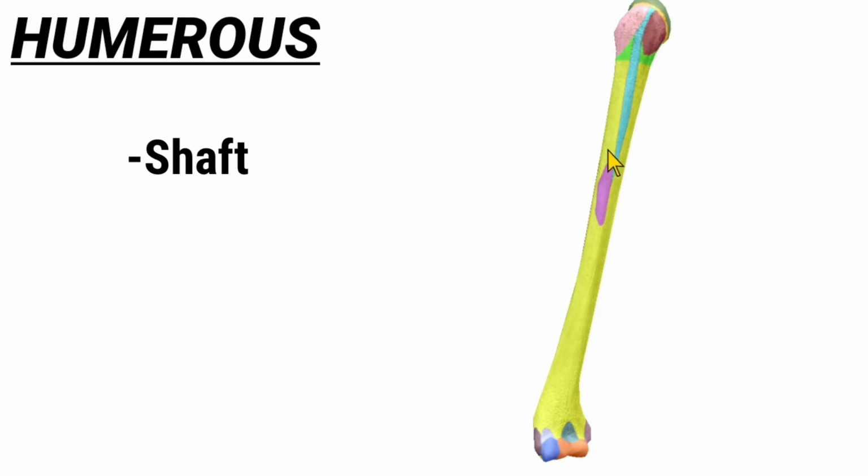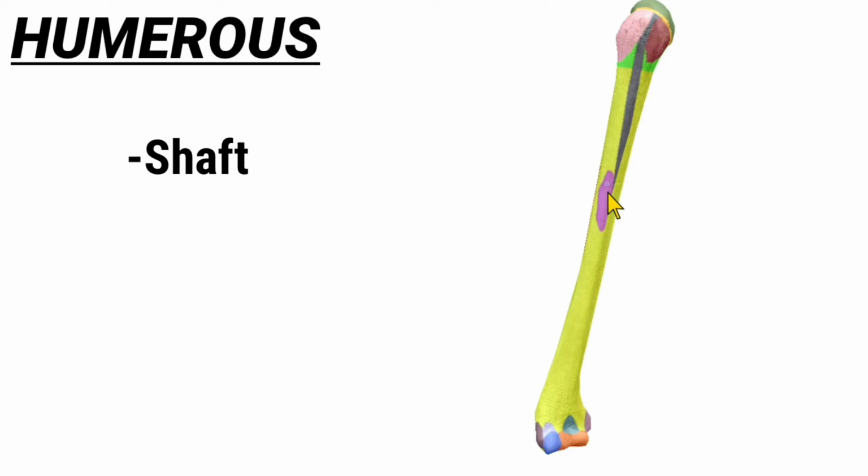About the anterior border of humerus. This is the anterior border of humerus. In the upper half of the anterior border there is the lateral lip of the intertubercular sulcus. In the middle part there is the anterior margin of the deltoid tuberosity.